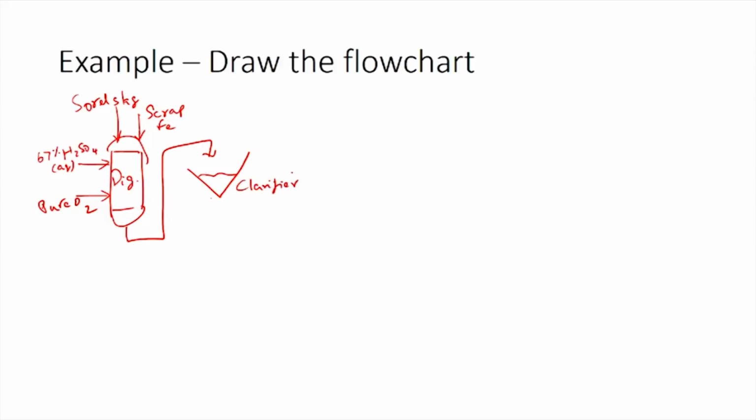Here all the inert silicates and unreacted iron are removed. This means these components, inert silicates and unreacted iron, are removed from the system, so they leave the overall system.